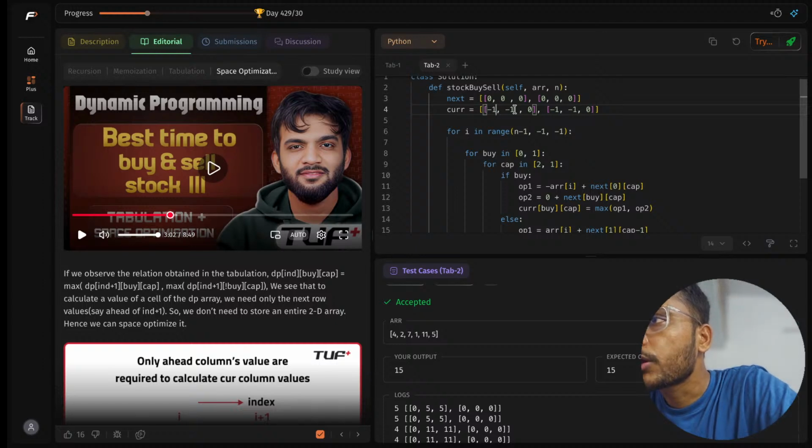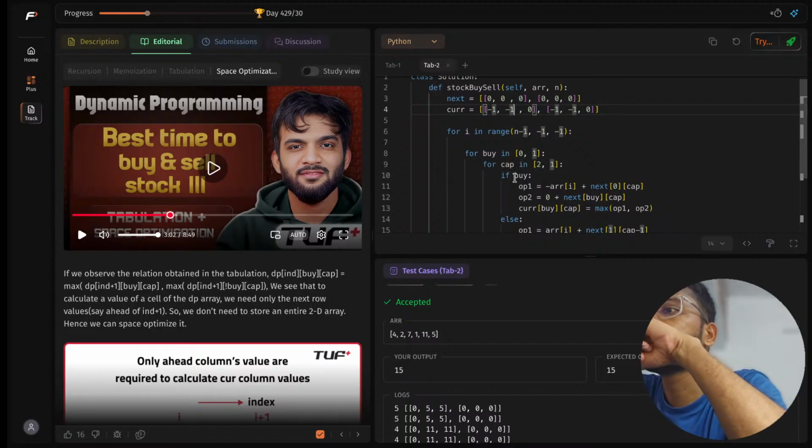Capacity 2 and 1, and it could be 0 or 1, you are keeping same. Current, okay, good. Now when you are going to this, then you are making change.